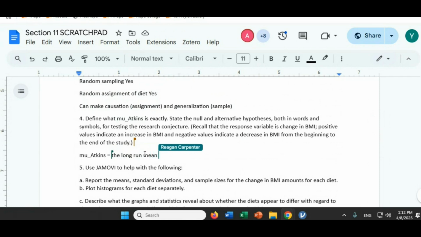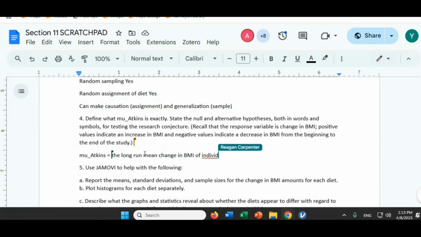Mean must always have a quantity of interest. Long run mean, again, the word BMI should be there, but we can be a little bit more careful. What about the BMI? It wasn't exactly BMI. It's the long run mean something BMI. What? This is linked to the research. Yes, I would say change in BMI. You know why? It's not that you're comparing two diets. It is an individual person's change in BMI.